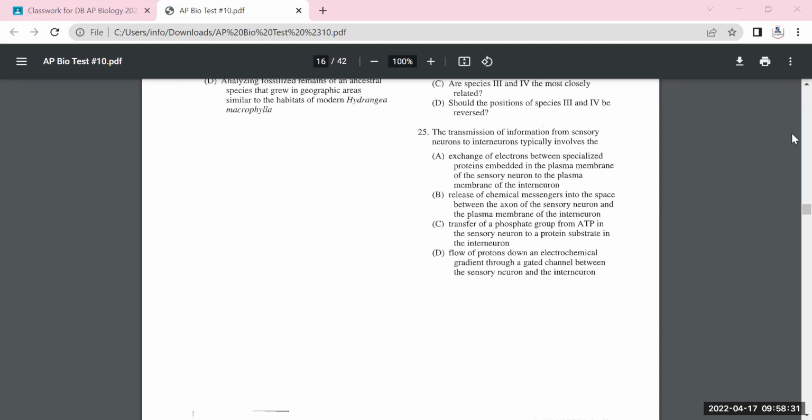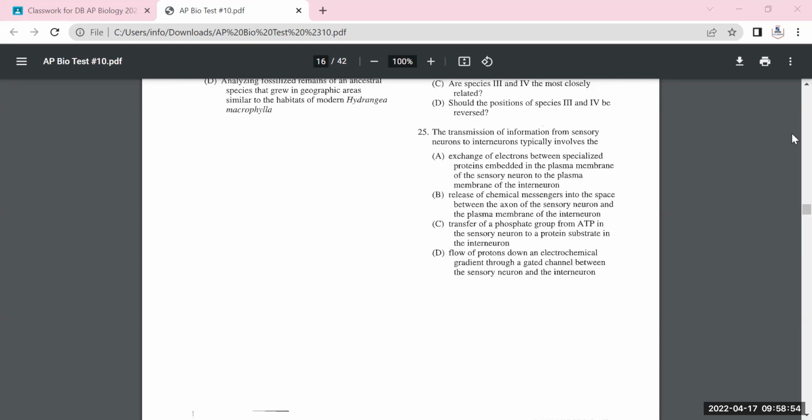Not necessarily, right? Exchange of electrons between specialized proteins embedded in the plasma membrane of the sensory neuron to the plasma membrane of the interneuron. No. Release of chemical messengers into the space between the axon of the sensory neuron and the plasma membrane of the interneuron.